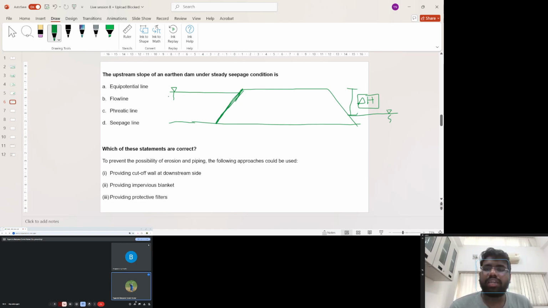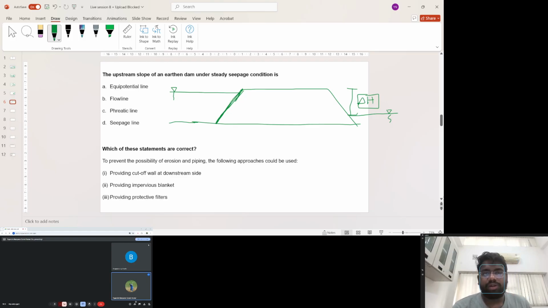We have seen from the problem we solved last week that within the water column there will be no flow of water. So this is not a flow line. Now how do we determine whether it is an equipotential line?